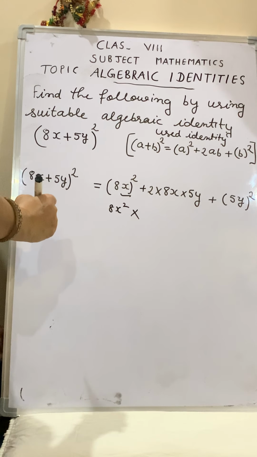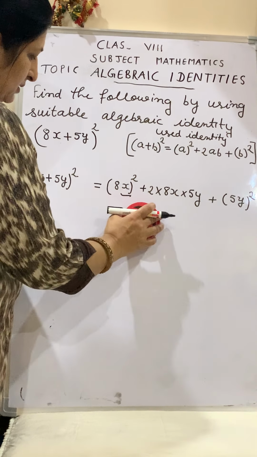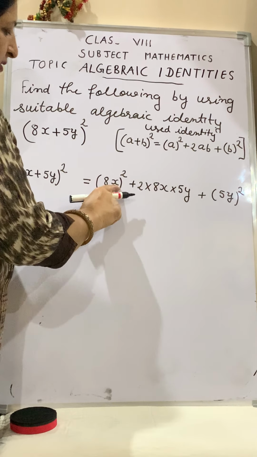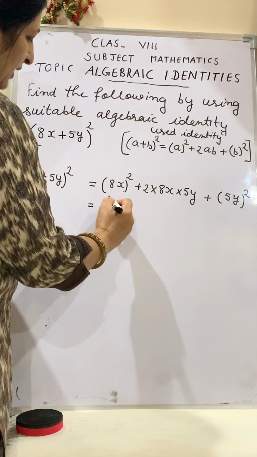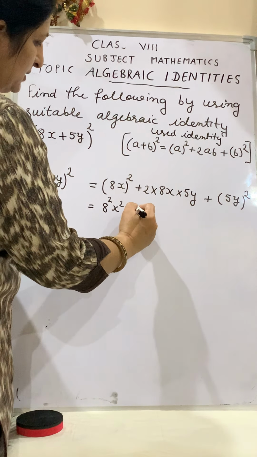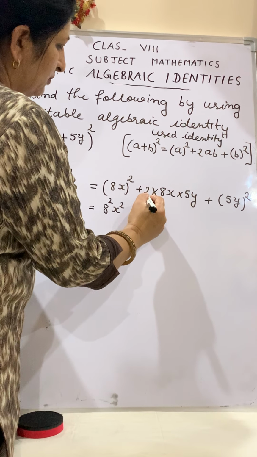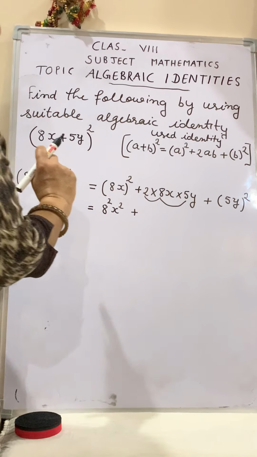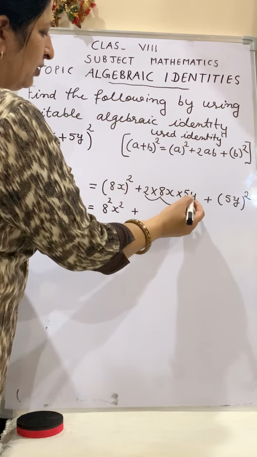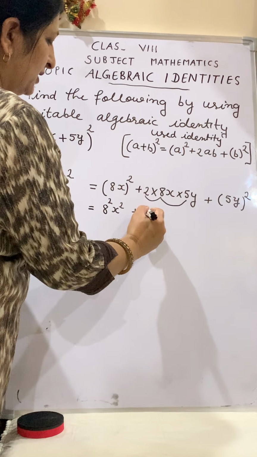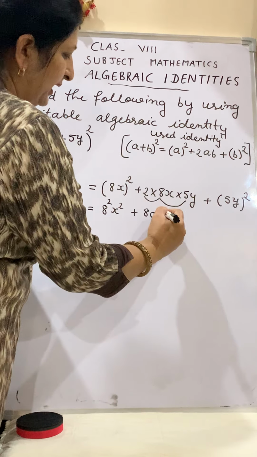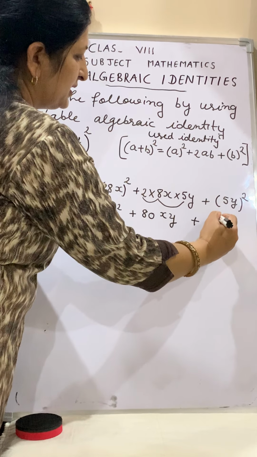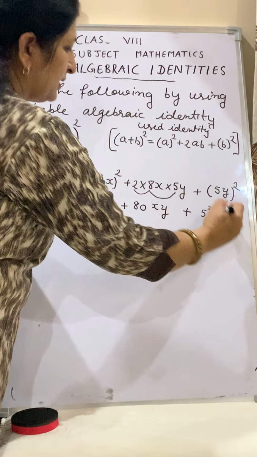So we will solve. (8x) whole square means 8 raised to power 2 and x raised to power 2, plus, first of all we multiply the constants: 2 8s are 16, 16 5s are 80. Then x with y, xy, 80xy, plus 5 square and y square.